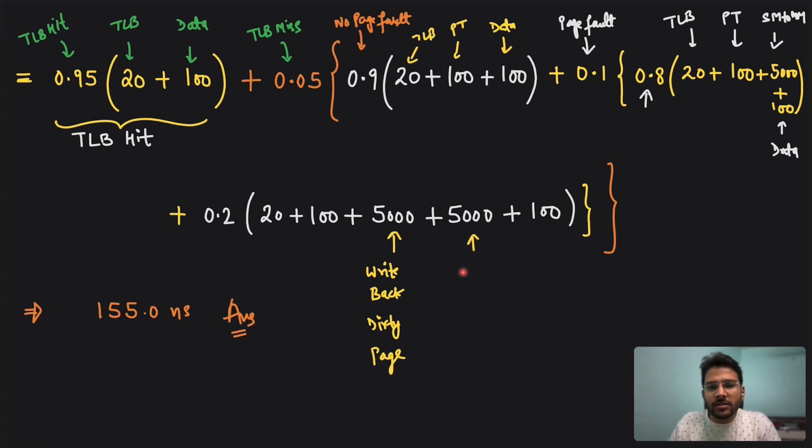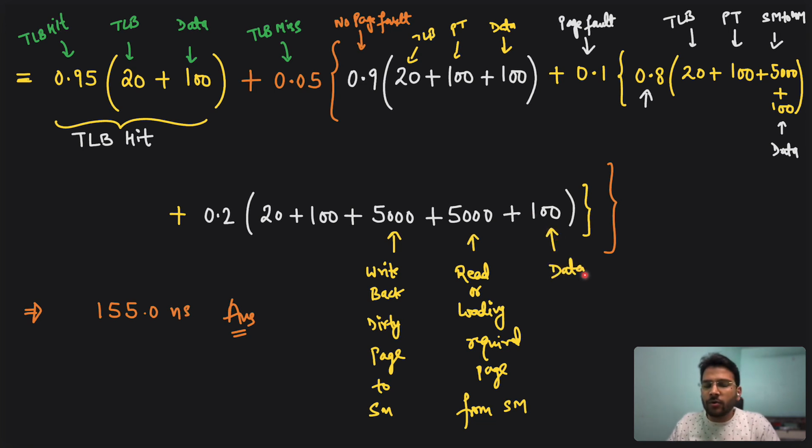And this is reading, or you can say loading, a required page from secondary memory, and writing back the dirty page to secondary memory. And this is for the final data, because now you have that page in the main memory, so definitely you can access it.